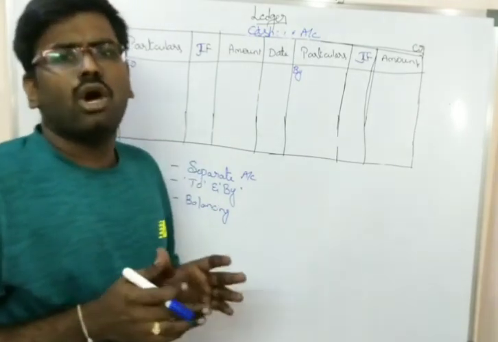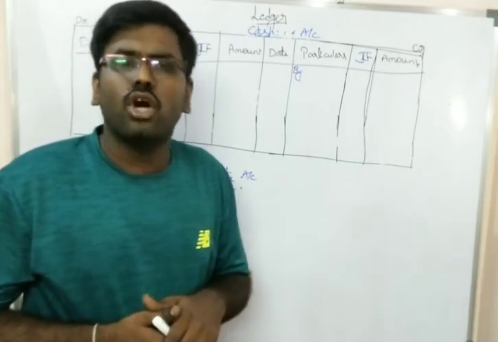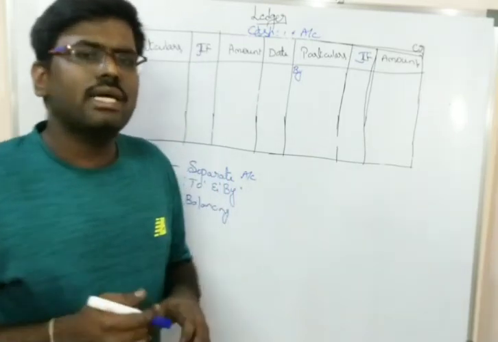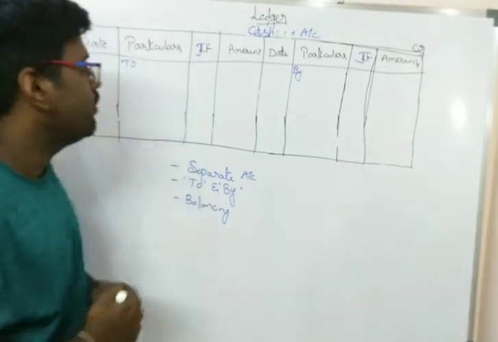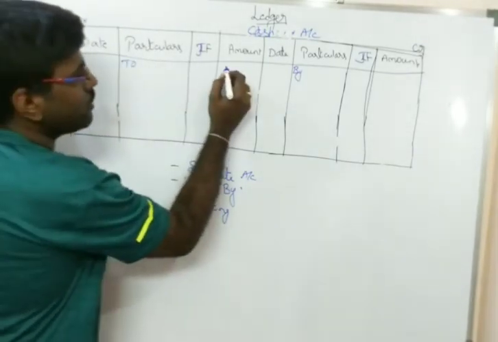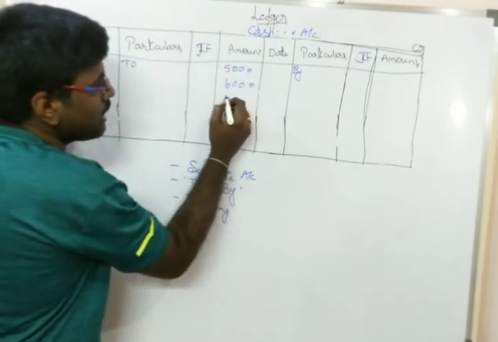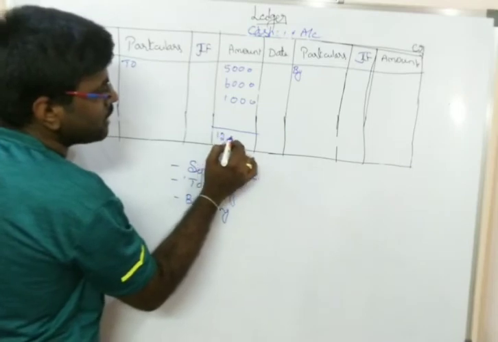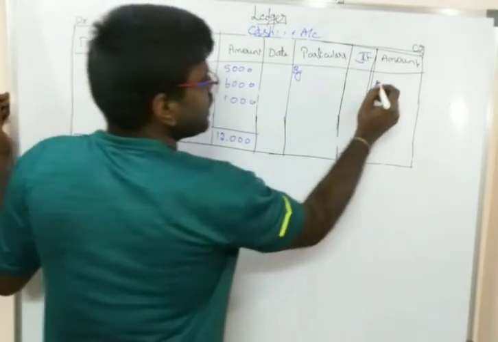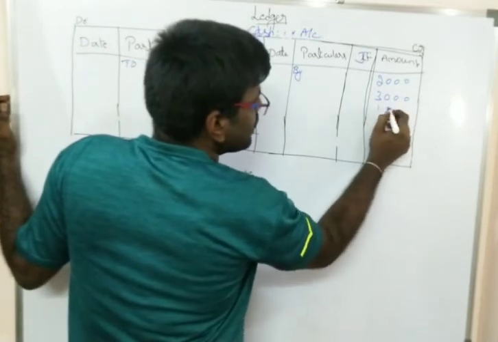If it is not balanced, then the side on which we have the shortage of amount will be written as the balance carried down. For example, here I write 5,000, 6,000, 1,000 rupees. Now the total becomes 12,000. On the credit side I take 2,000, 3,000 and 1,000.